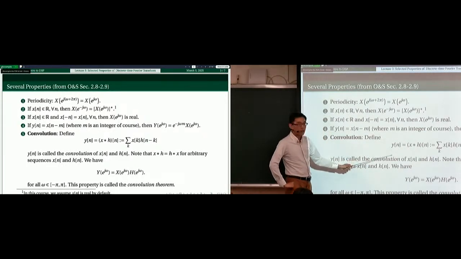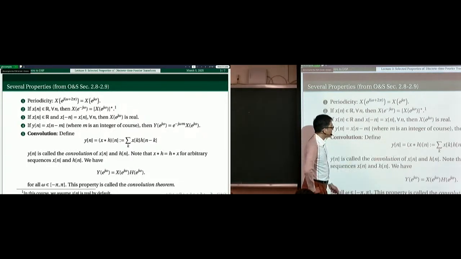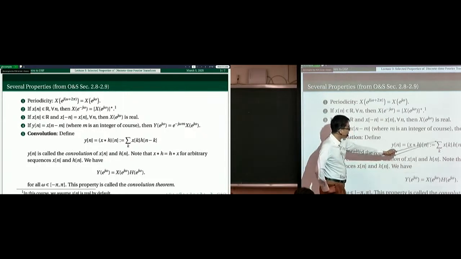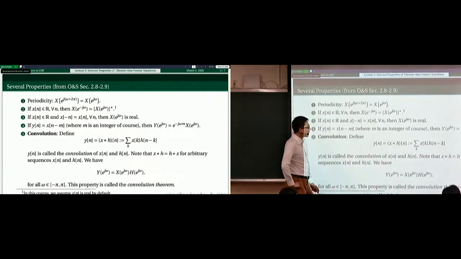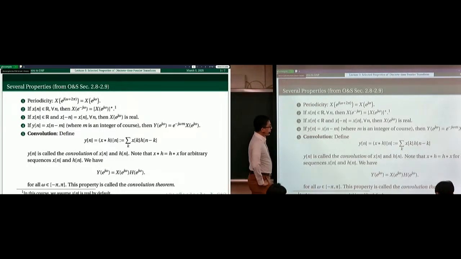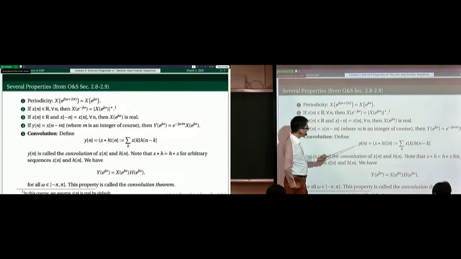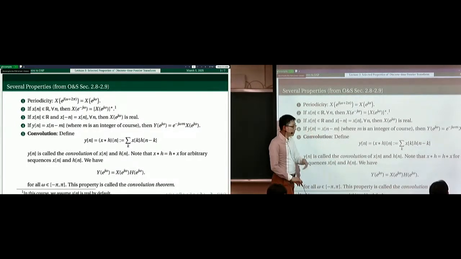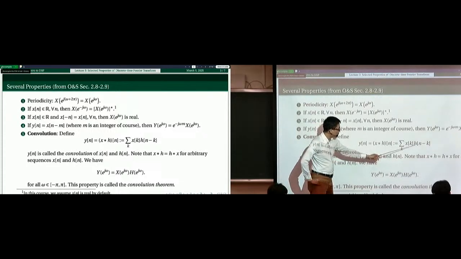We're taking two signals, and the definition is a summation over k, a sum of products, and for every n, we flip one of the signals. Note that here h goes backward.